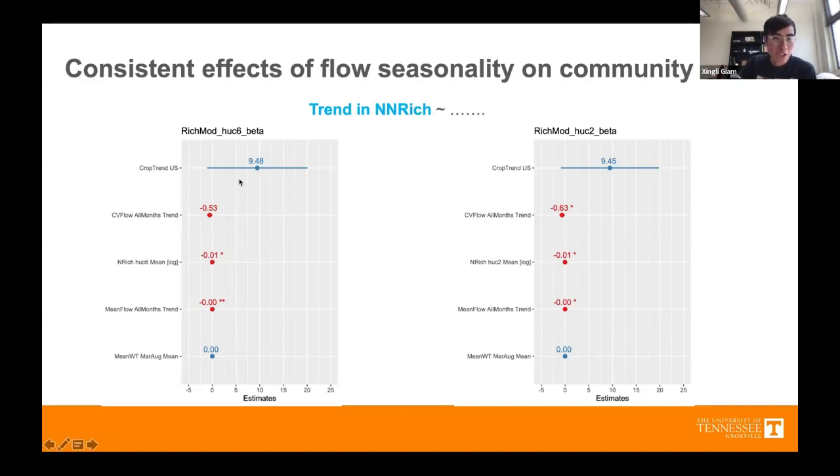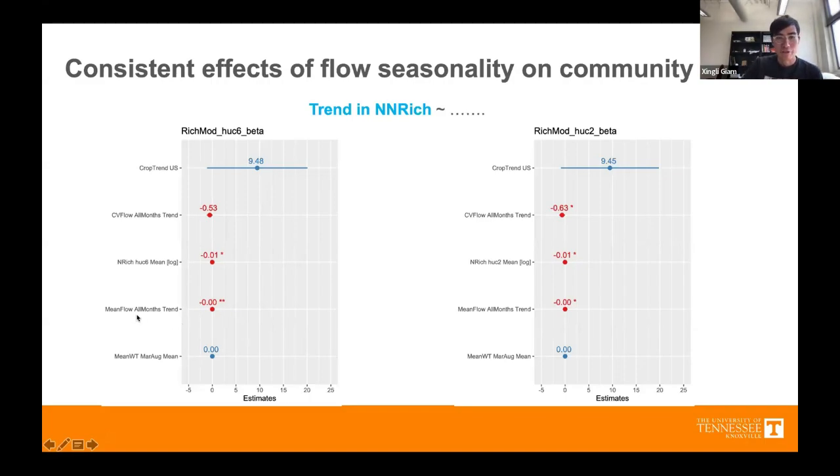Okay, so what do we see? The interesting thing here is that we see a trend. Let's look at the significant trends first. There's a trend in mean flow, and it's negative. The number is like 0.000 something, so the program actually rounded it down. It doesn't really make sense, but it is a negative number and it is pretty significant.